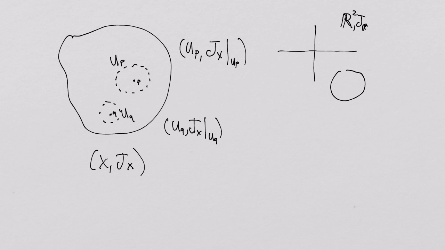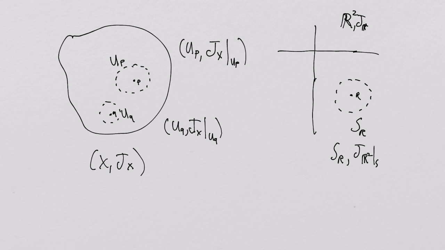I'm going to try to stick with dotted lines for these open sets. Here is an open set in R2 with its own point R, and instead of U, I'll call it S_R. Likewise, S_R with the topology of R2 restricted to S_R is a topological space also. So these open sets here are topological spaces, and these open sets here are topological spaces.